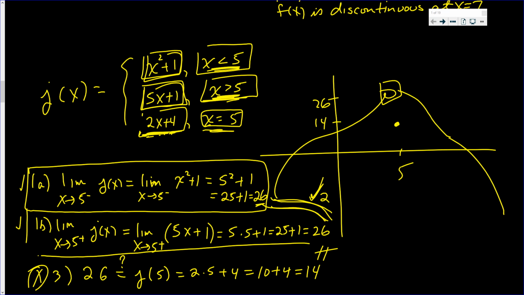All I had to do was say that instead of this being 14, it's 26. And then this point would go right there, and it would have been continuous. But the way it stands, it's not continuous. You just need to know these rules and go by them.